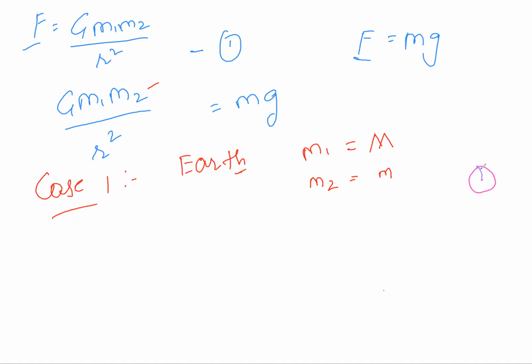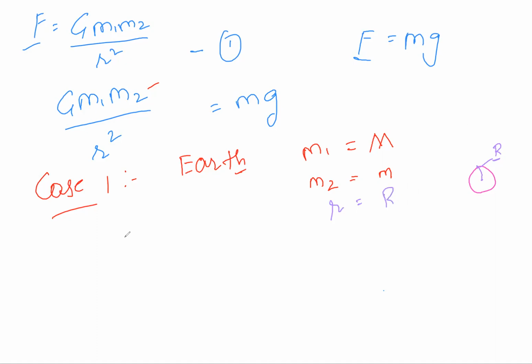We know that it is very high, so I have taken that as capital R, very high in comparison, to give it importance. That is capital R. Then small r equal to the distance equal to capital R.